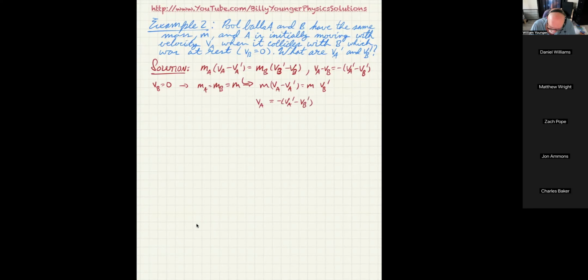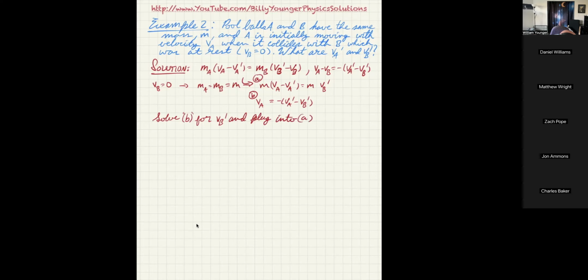Now we can combine these two. I'm going to call this equation A. I'm going to call this equation B. And we already know VA, but we can use equation B to solve for VB prime and plug that into A. Notice how I'm using my words to say what I've done, what I haven't done.